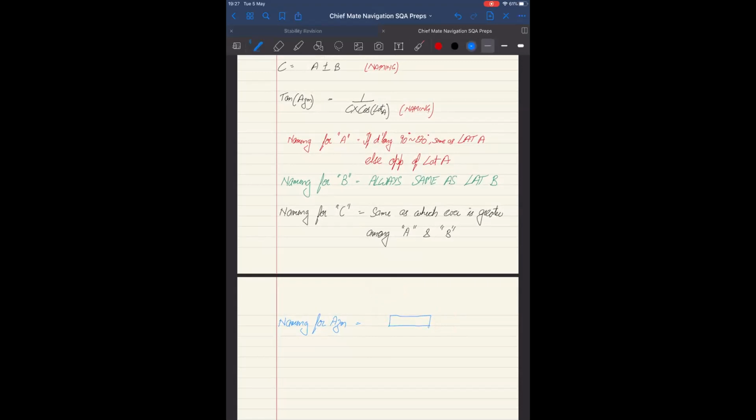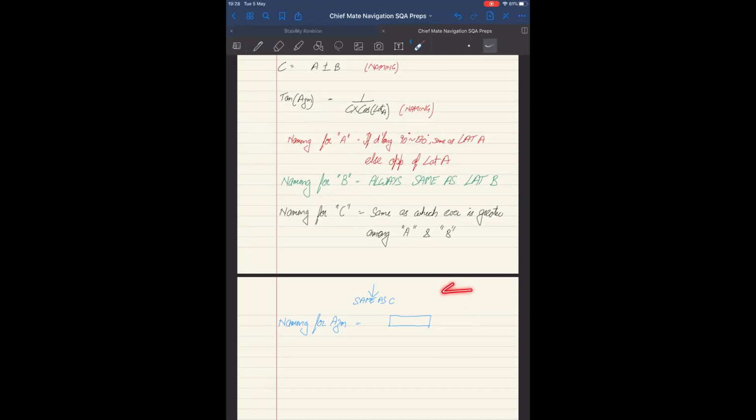So it is same as C. Now, how do we determine east or west? If we are going in this direction, or something like this, we are actually moving east.